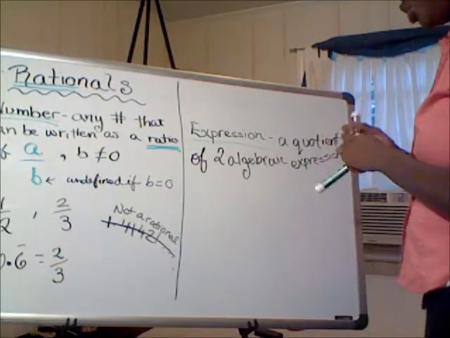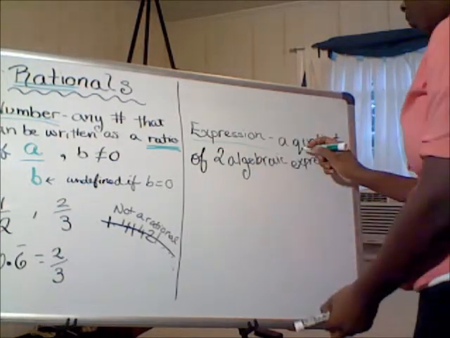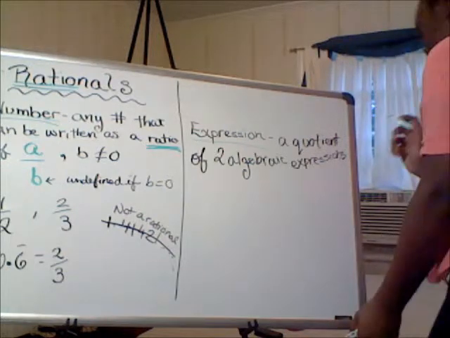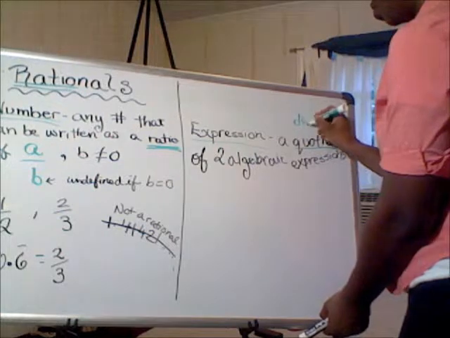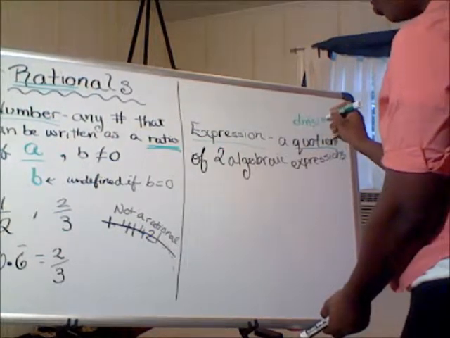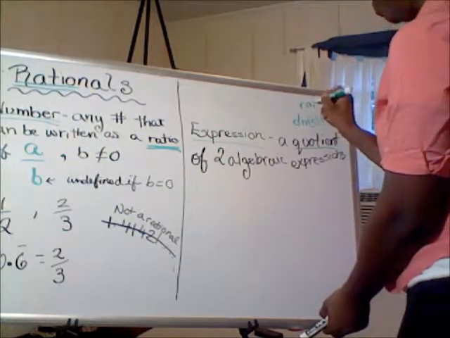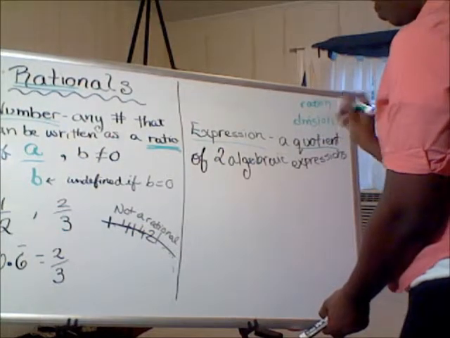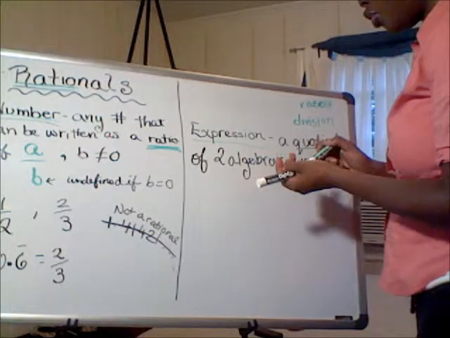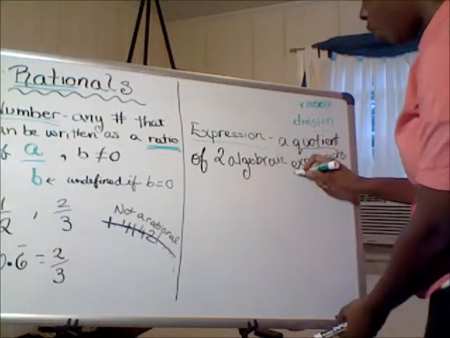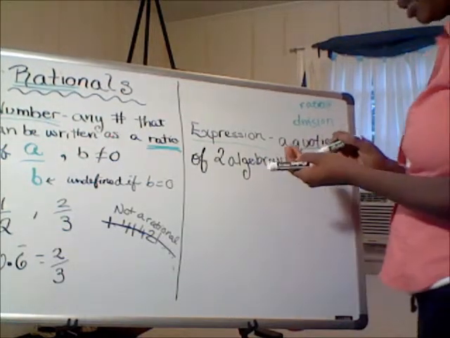What does quotient mean? Excuse me. Quotient is just a fancy way of saying division. It's a division problem. It's also a fancy way of saying ratio. So a rational expression is still going to be a ratio, but it's going to be a ratio of expressions. It's not just going to be a simple number.